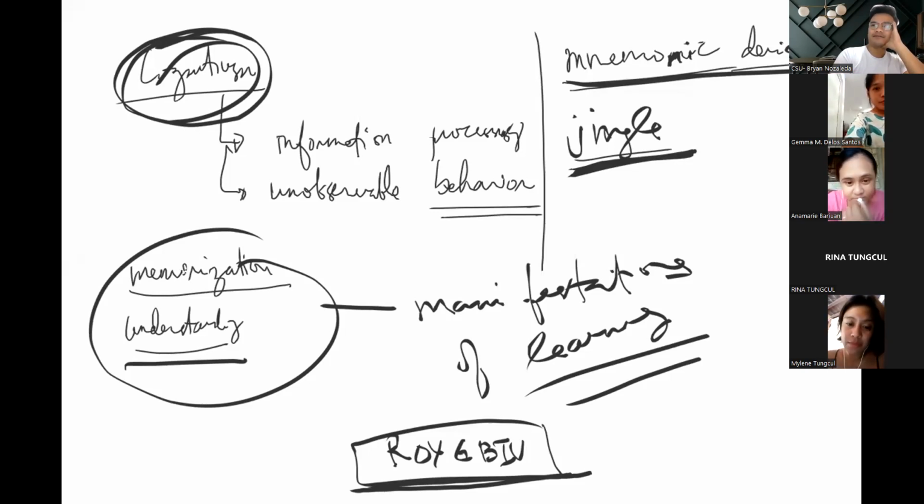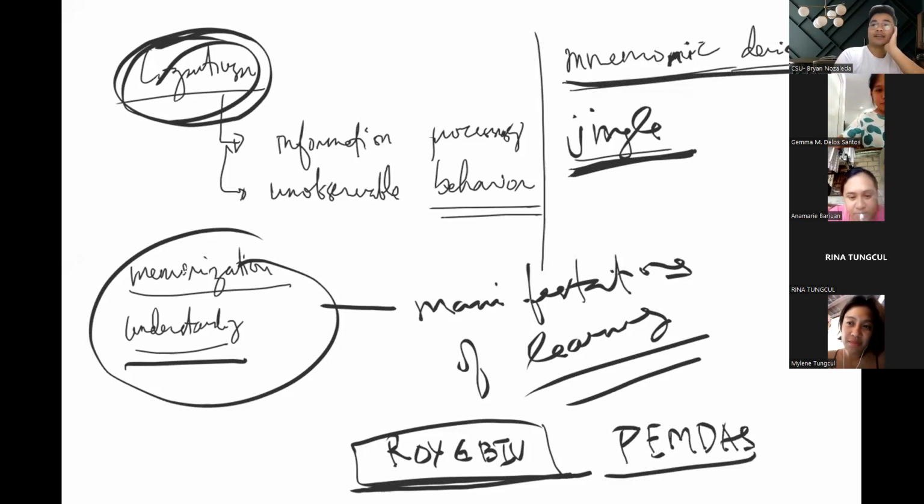PEMDAS. That is a mnemonic device in remembering the sequence when you are confronted with an equation that uses multiple operations. P stands for parenthesis, and then E stands for exponent, multiplication, division, addition, and subtraction.